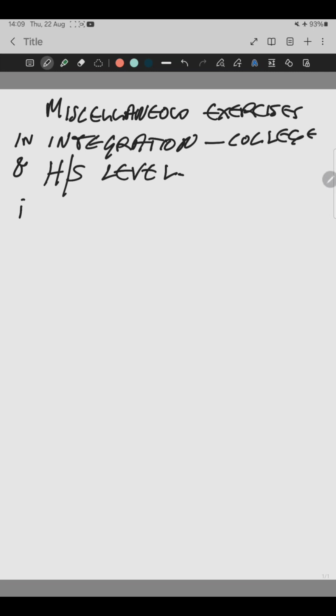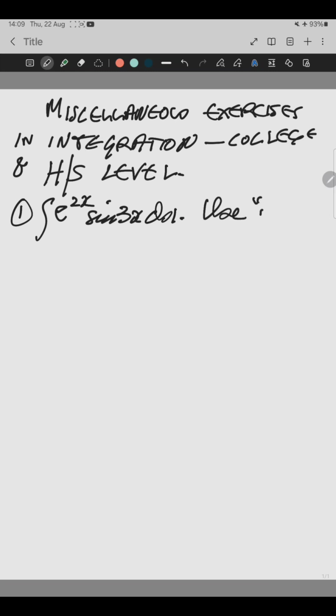So the first one, we want to integrate e to the power 2x sine 3x dx, and we'll use the parts rule. Starting off, write down I for our integral.